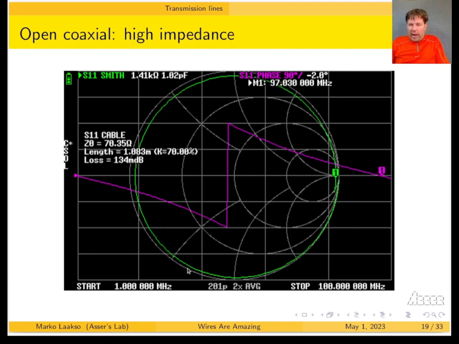So now we have this Smith diagram in here, and we are looking at this green curve. Each point in here represents a different frequency. We are looking at here where we have this 1. This point represents 97 megahertz frequency.